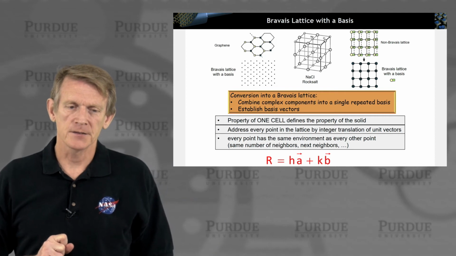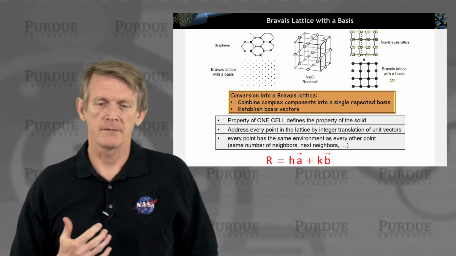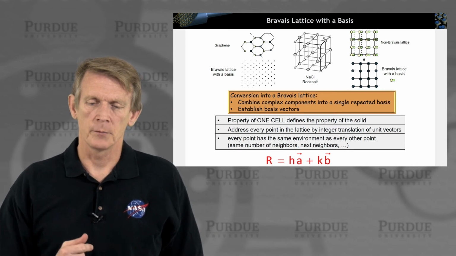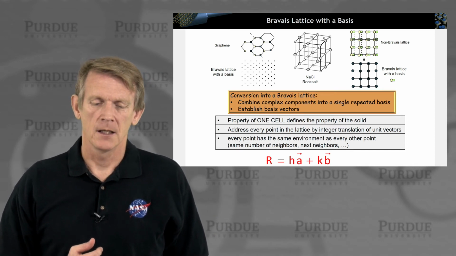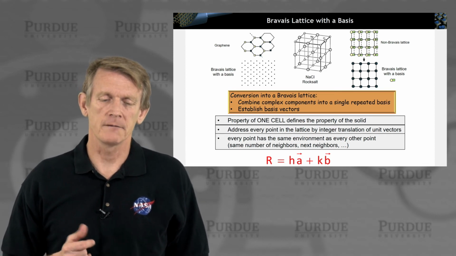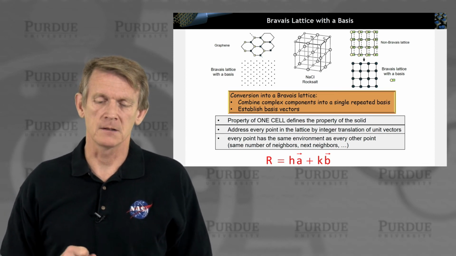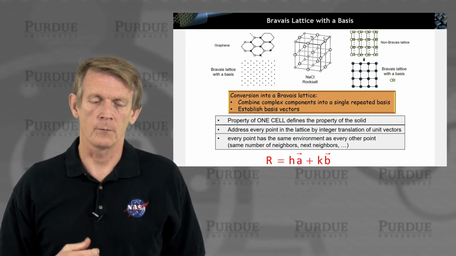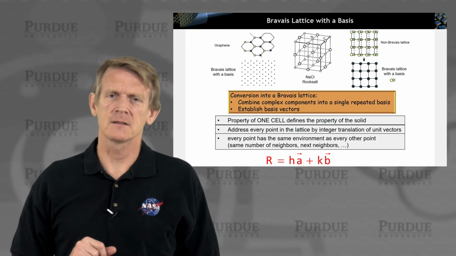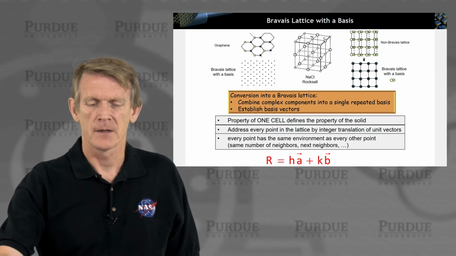In the prior sections, we talked about Bravais lattices, the basis in graphene, and the pictogram on the top right. We established a recipe on how to create a Bravais lattice out of these repeated basis sets that might be more complicated. So combine a complex component into a single basis and then repeat that basis.